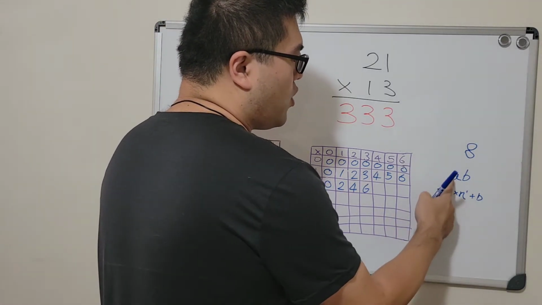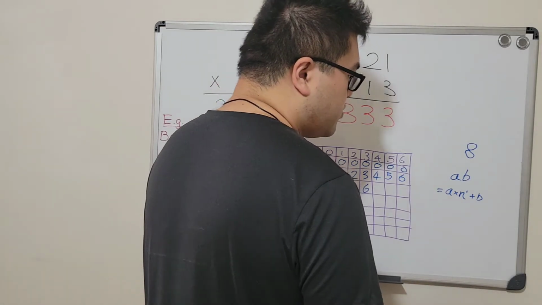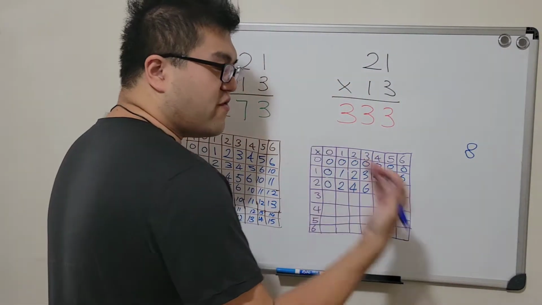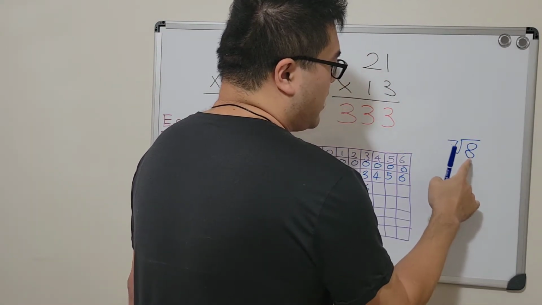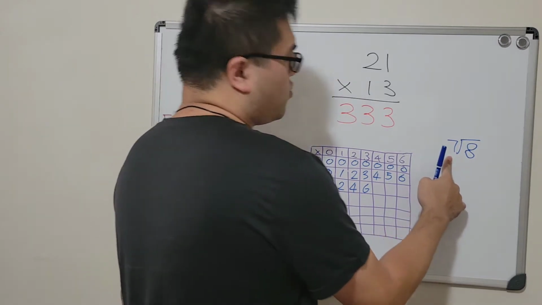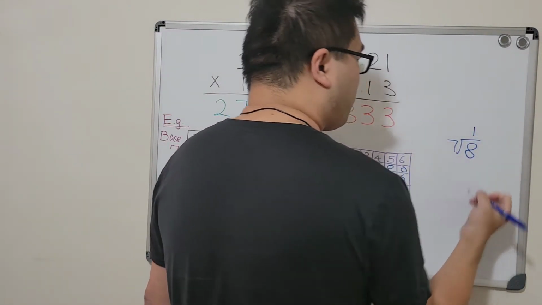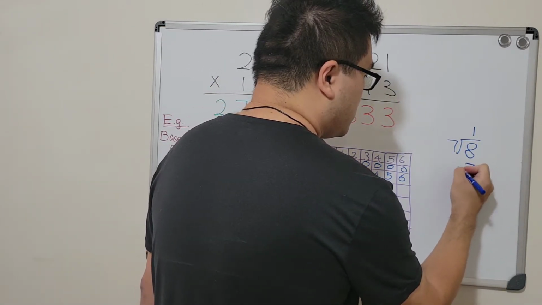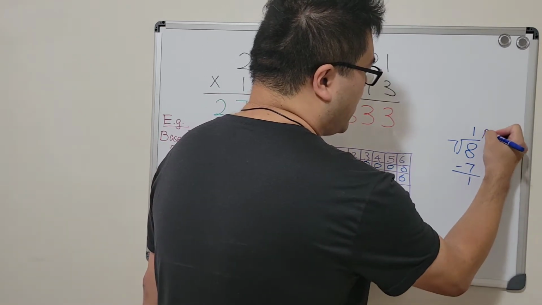So to figure out what a and b should be, we can do a division. And since we're in base 7, we're going to divide by 7. So 8 divided by 7, well, the biggest number we can fill in is 1. Okay, and 1 times 7 is 7, which means after the subtraction, we have 1 as our remainder.